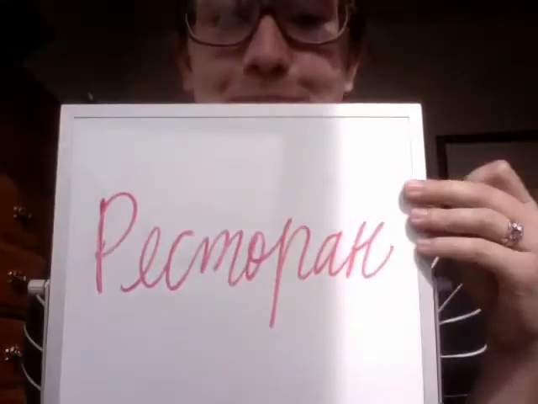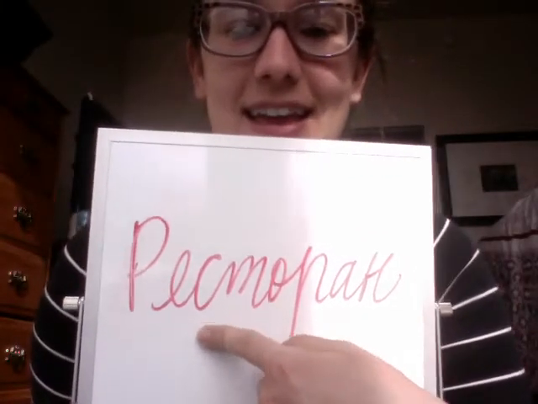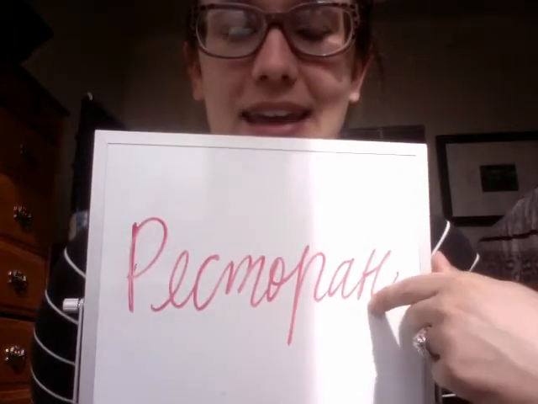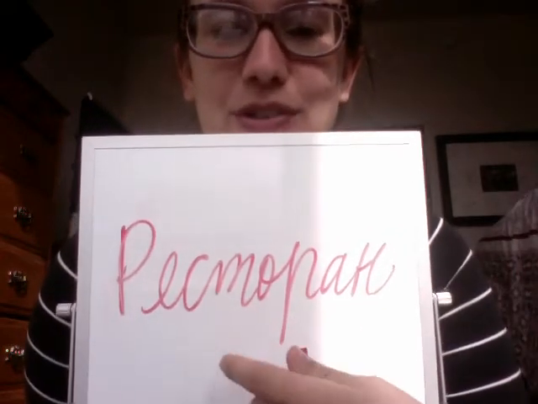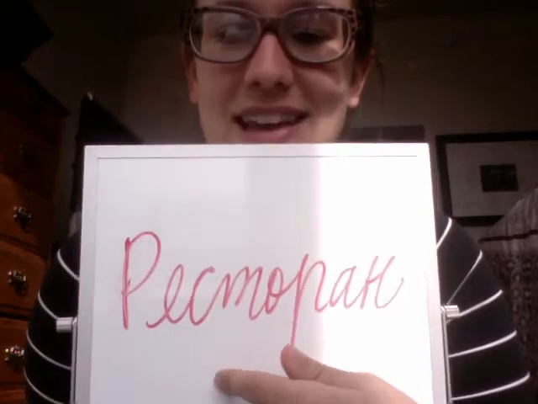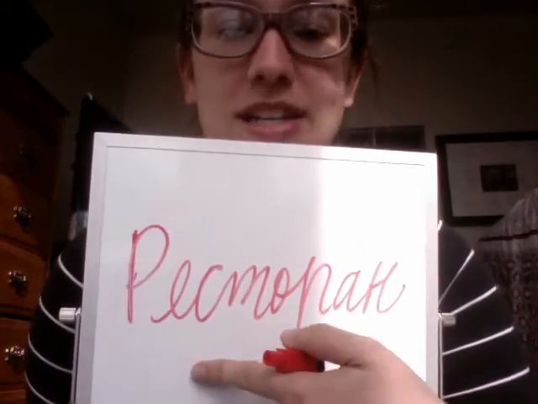So here, that looks like a P, right? It looks like P-E-C, but this is actually R-E-S-T-O-R-A-N. A lot of people, when they're first learning, will say pectapa. But that's not right. This is an R. So this actually says restaurant.